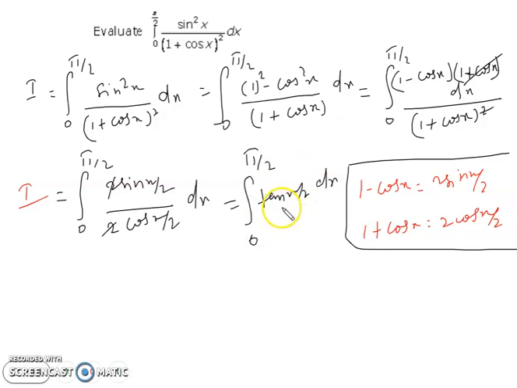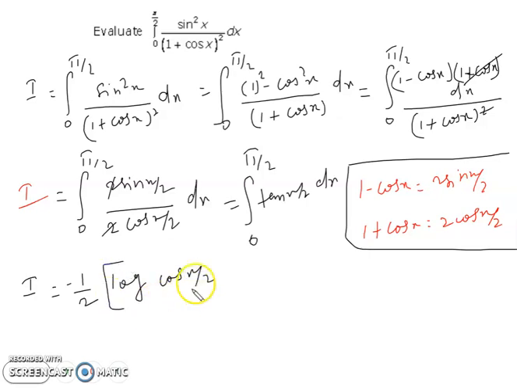So we know the integral of tan x is minus log cos x. Considering the coefficient of x, you directly get minus 1 by 2 log cos x by 2.